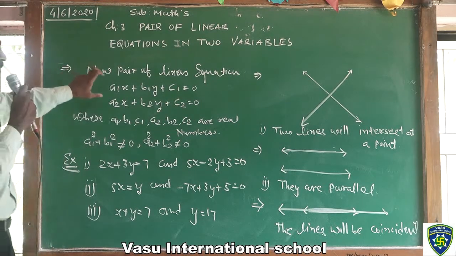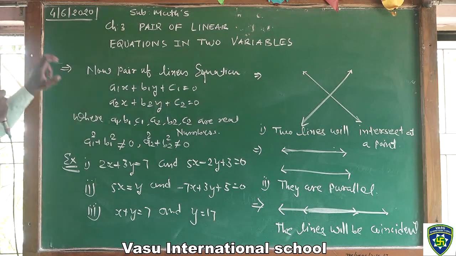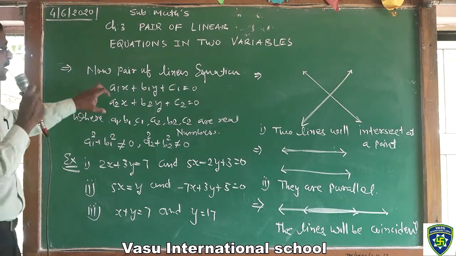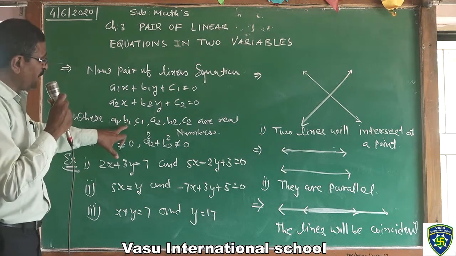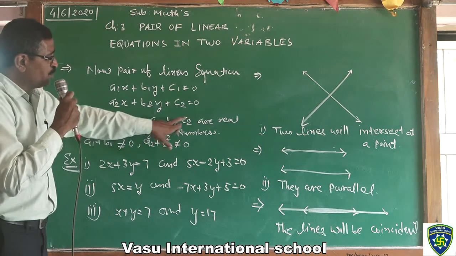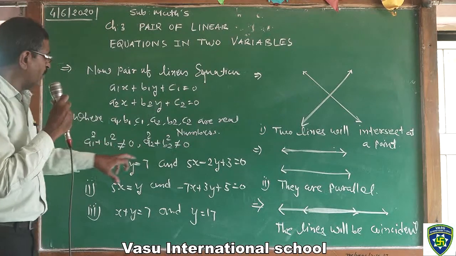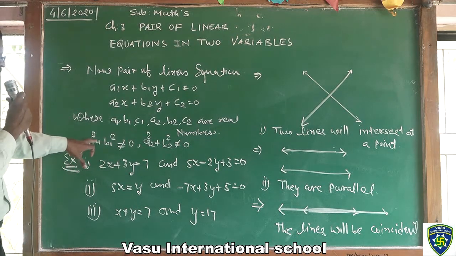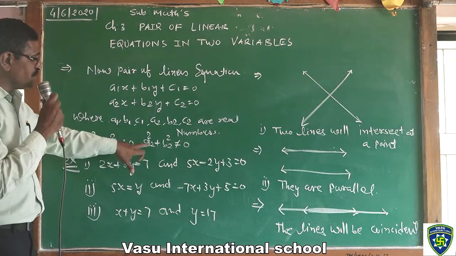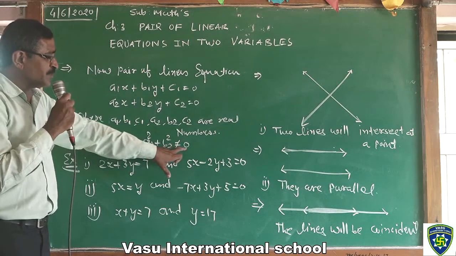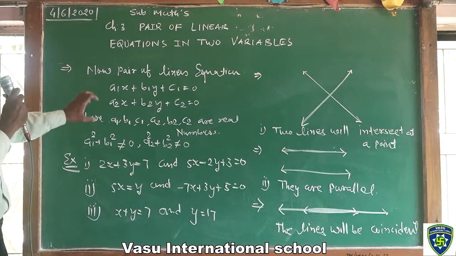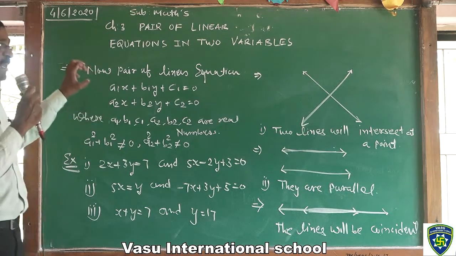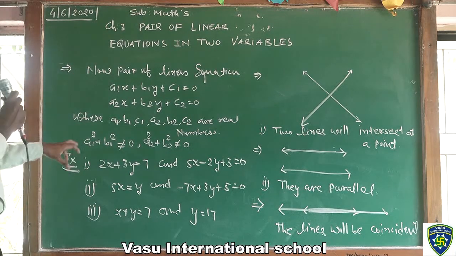We have two linear equations, that's why it is called a pair of linear equations, where a1, b1, c1, a2, b2 and c2 are real numbers. Then a1 square plus b1 square is not equal to 0, and a2 square plus b2 square is not equal to 0. This is the condition of a linear equation. If the condition is satisfied, then it is a linear equation in two variables.